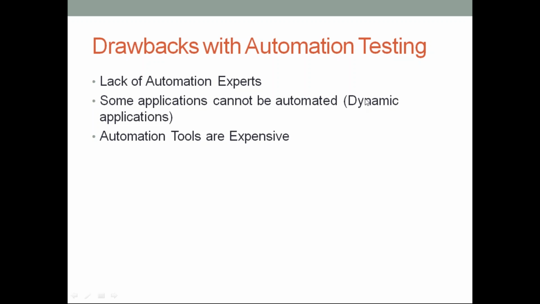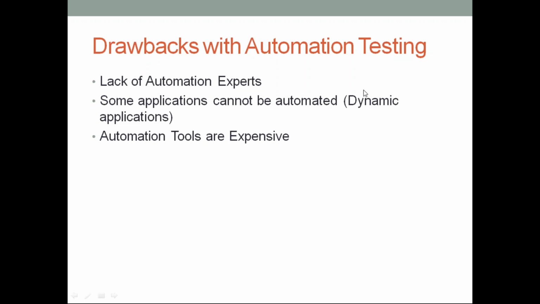Because if I talk about any static application, what does static mean? Let me give you an example. Let's say I have a Gmail application. I may have to log into the application, send an email, check that I have received an email, and so on, right? We can easily know that my login form is constant, static in that case, right? So there are no changes.